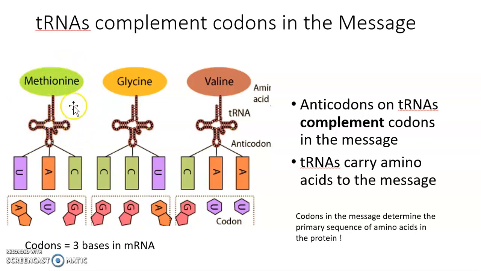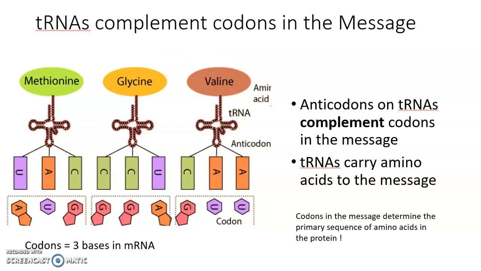So if we think about this, your tRNA can actually read nucleic acids, and it can read amino acids. Those tRNAs are going to carry those amino acids to the message. So effectively, the codons in the message are going to determine the sequence of amino acids in your eventual protein.